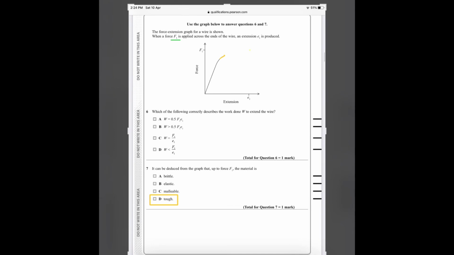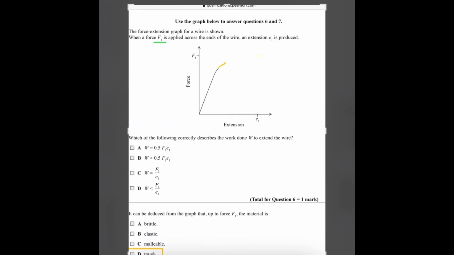Elastic is not the answer, since up to F1 it is not elastic. For example, at this point, if we remove the force, it would go back to its original position. At this point it also would go back to its original position, but somewhere here is the elastic limit.